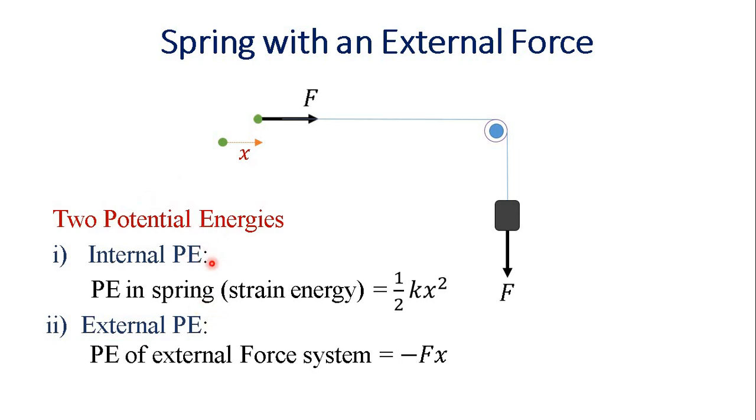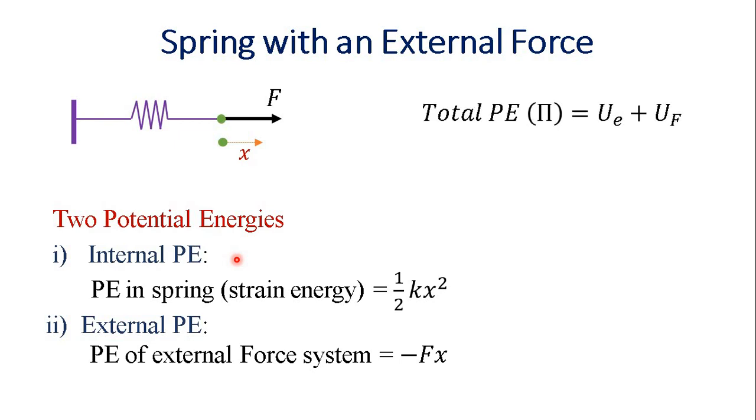Okay, so now total potential energy in this system is equal to the sum of internal potential energy and external potential energy. UE is the internal potential energy possessed by this elastic system, and UF is the external potential energy of external force system.